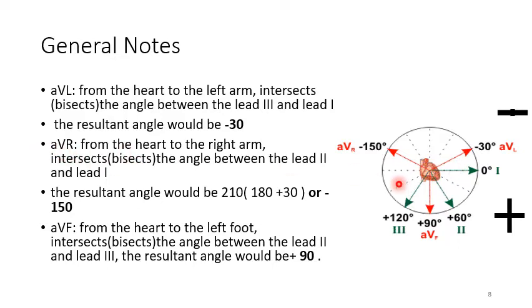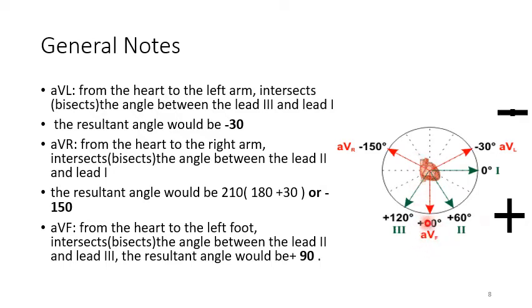For AVR, it actually bisects the angle between the extension of lead 2 and the extension of lead 1, so here, and the measurement of this angle is 180 minus 30, it's going to be 150, and it's minus because it is in the upper half of the circle.